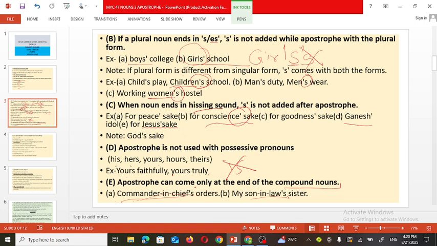If we need to have an apostrophe sign, we should use it at the end of that word. So the commander-in-chief's order: whose order is it? The chief's order. Or my son-in-law's sister. So here at the end of the word, we must use that apostrophe.